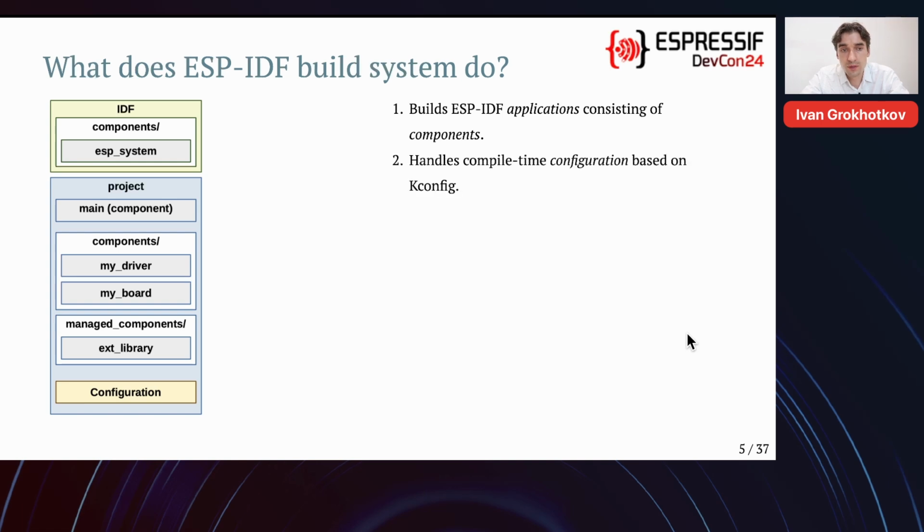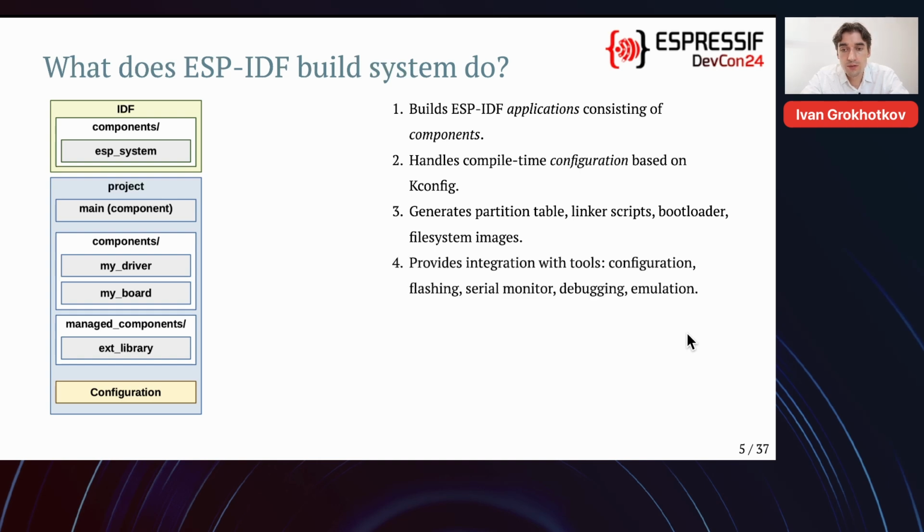Aside from compiling the code, the ESP-IDF build system also configures the program using a system which is based on kconfig. I will explain this compile time configuration flow in a bit. The ESP-IDF build system also generates IDF specific artifacts such as partition tables, linker scripts, bootloader, and so on.